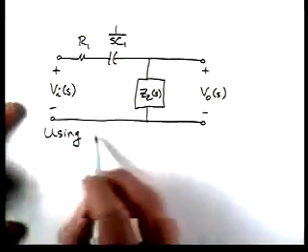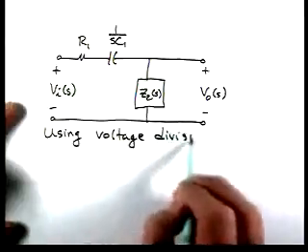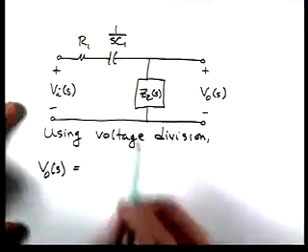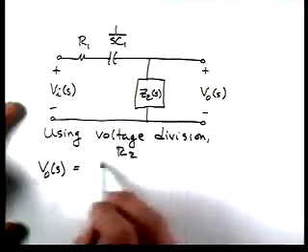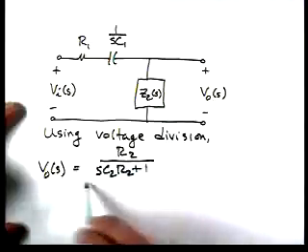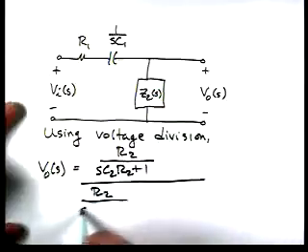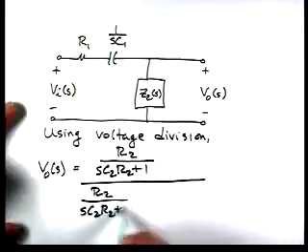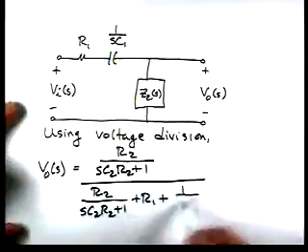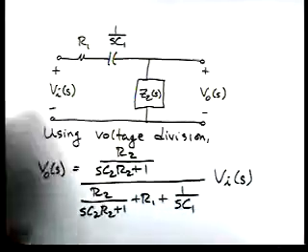So using voltage division, V0 becomes Z2, which is R2 over (sC2 R2 plus 1), divided by R2 over (sC2 R2 plus 1) plus R1 plus 1 over sC1, times Vi.